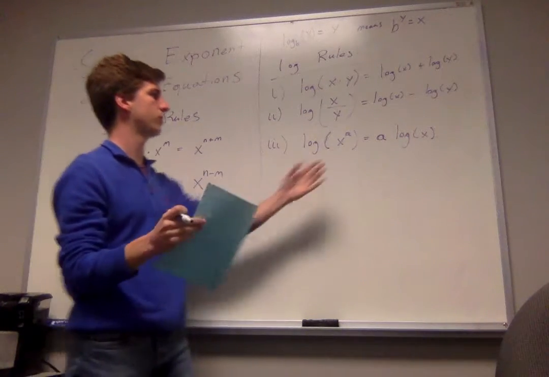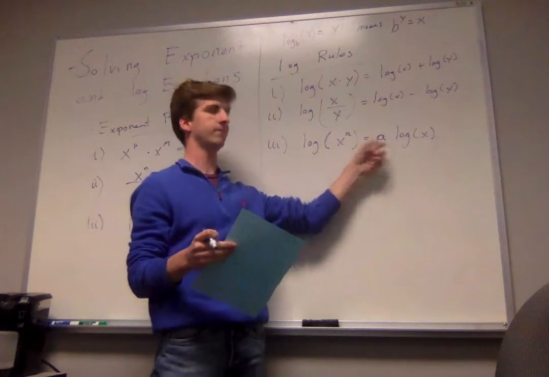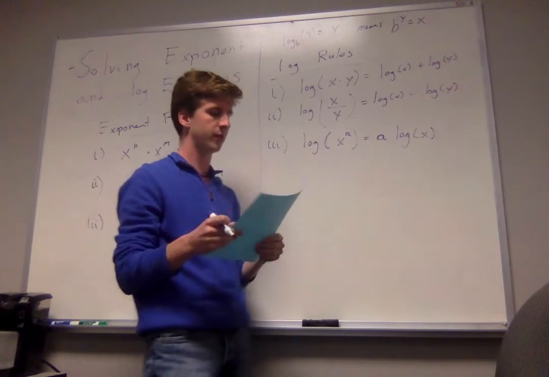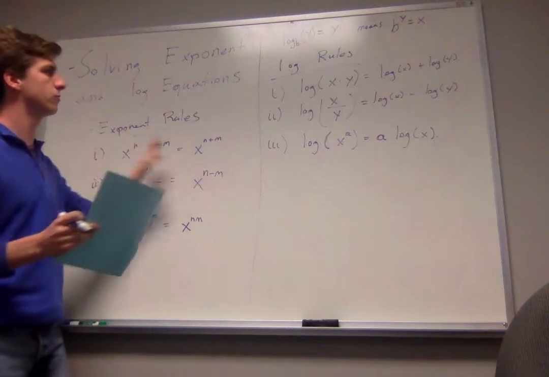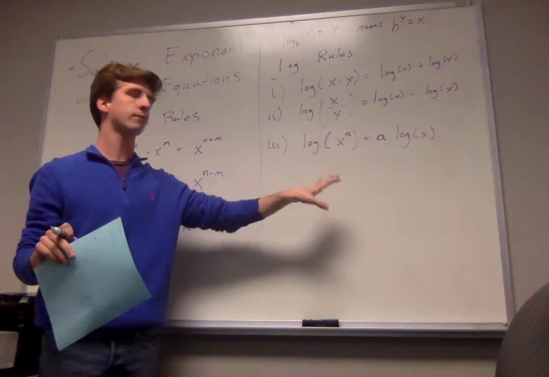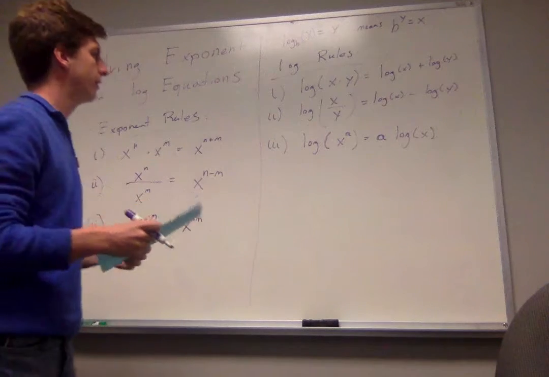So you can take the exponent inside the log and move it out in front, and you have a times log of x. So that's the three log rules. These rules, the exponent rules and the log rules, will be useful for us as we start trying to solve exponential and logarithmic equations.